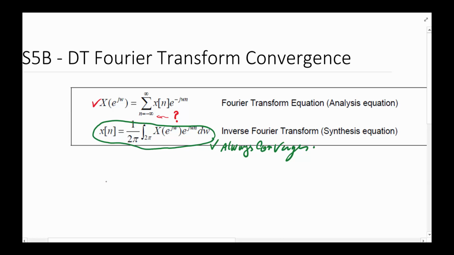In order to make sure that we are in good shape and the signal can have a convergence, we need to make sure that the summation from n going from minus infinity to infinity of the magnitude of x of n, we don't have to worry about e to the j omega n because the magnitude of that is 1, so that's taken care of. We just got to make sure the magnitude of this is less than infinity.